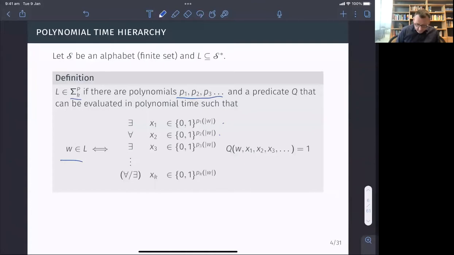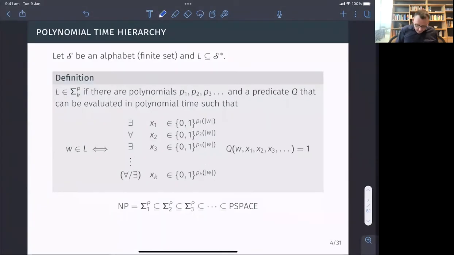Then you're allowed to repeat there exists for all, there exists for all. And then once you've got all these things, you put them all into this predicate, so some sort of algorithm that needs to be checked that runs in polynomial time. And if it's true, then you're happy, you say the word is in the language. So for each value of K, we get a different complexity class.